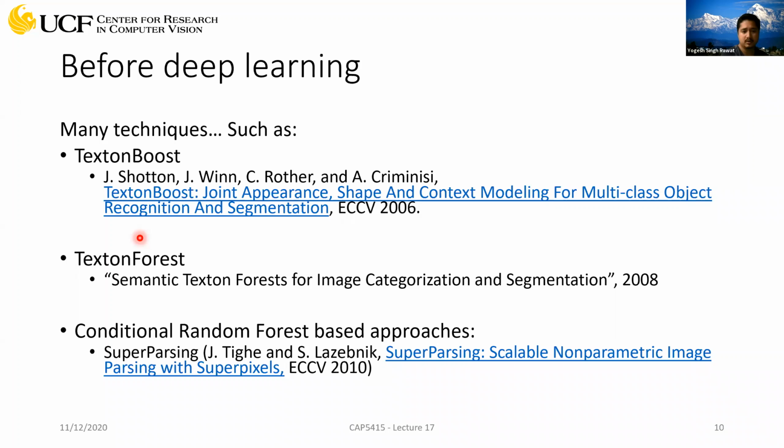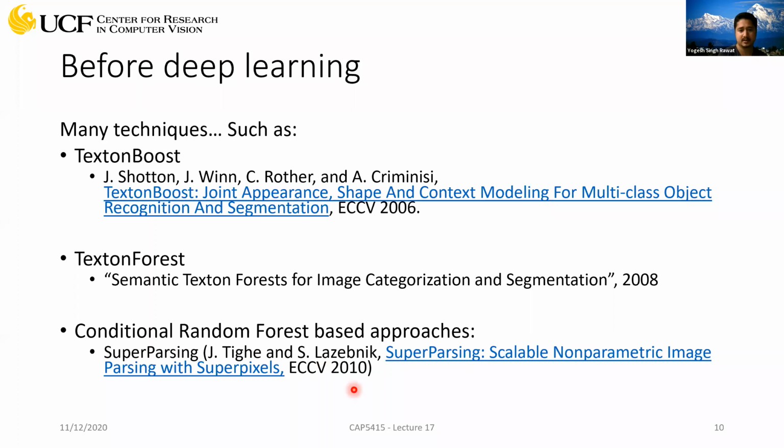Now, before 2013 or 2014, when the first deep learning papers for image segmentation came out, most of the research was done without using neural networks, and there are a lot of good techniques to perform this task. Some of the approaches are texton boost, texton forest, and conditional random field.